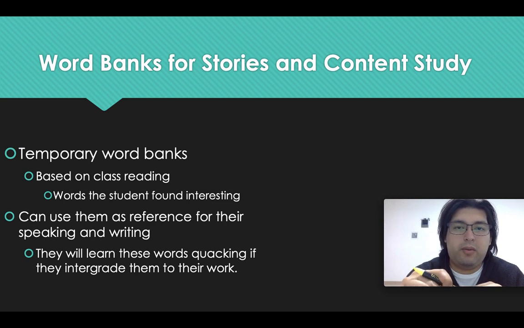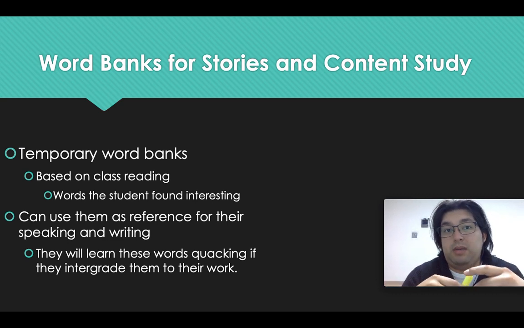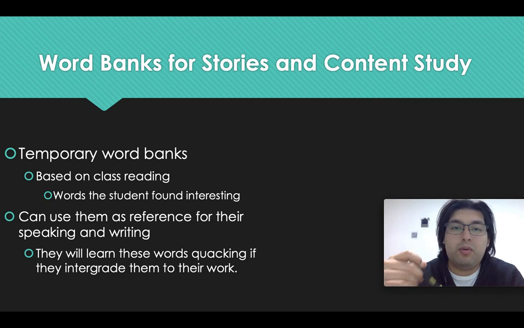In those word banks, the student is expected to find out the meaning of the word and then incorporate it into their writing throughout the unit. That way, by the end of the unit, they should know how to use that word.